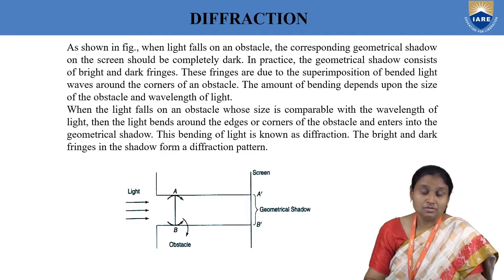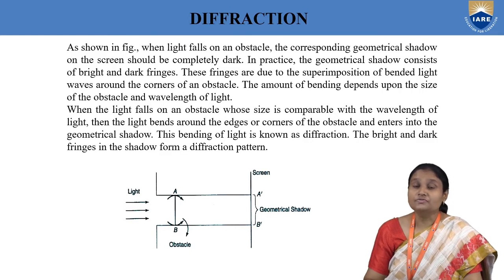But you will observe that all bright fringes are not of the same intensity. Bright fringes are of different intensities. As order increases, the intensity of the bright fringe is going to decrease, and here the dark fringe is not completely zero. It is not of zero intensity.